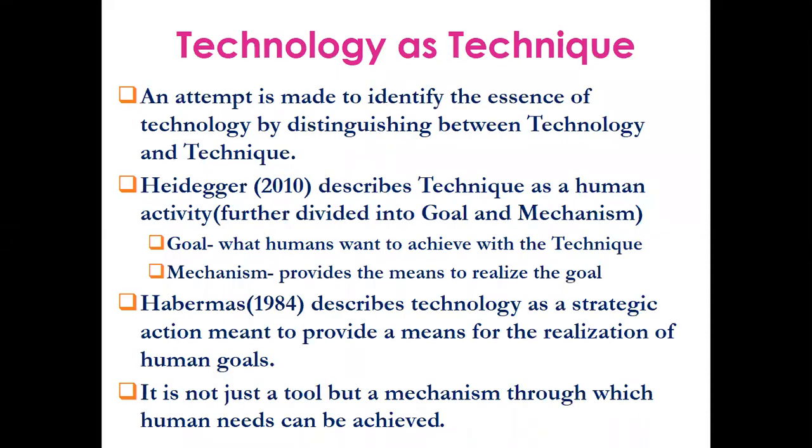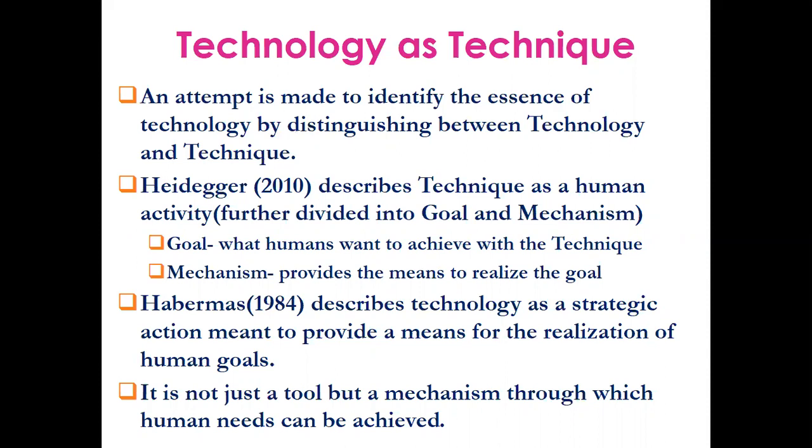And then the fourth definition sees technology as a technique. An attempt is made to identify the essence of technology by distinguishing between technology and technique. So, Heidegger describes technique as a human activity, further divided into goal and mechanism. He calls the goal what humans want to achieve with the technique, and the mechanism provides the means to realize the goal.